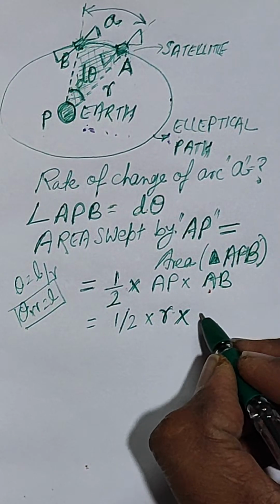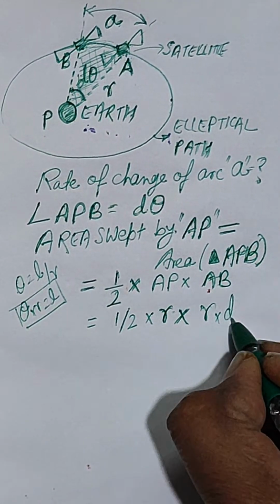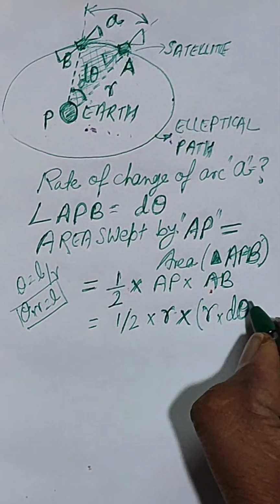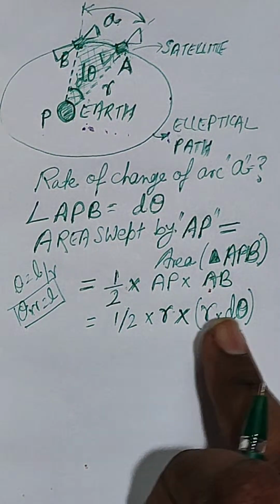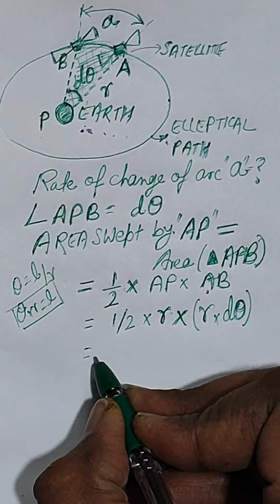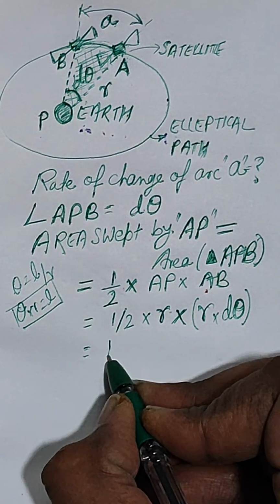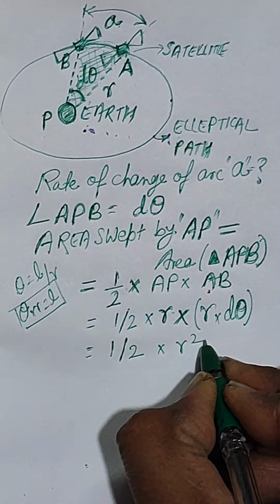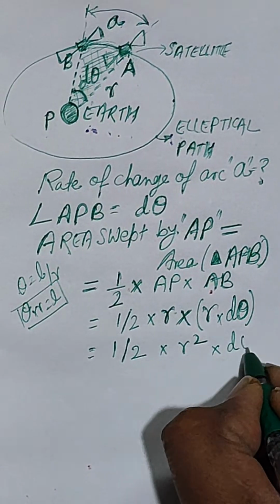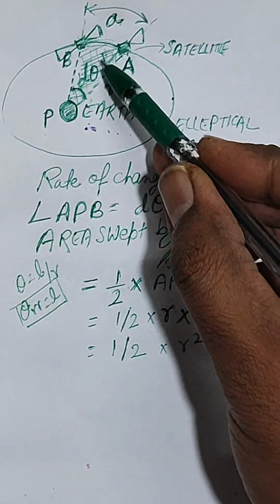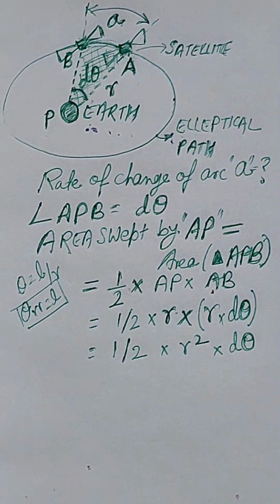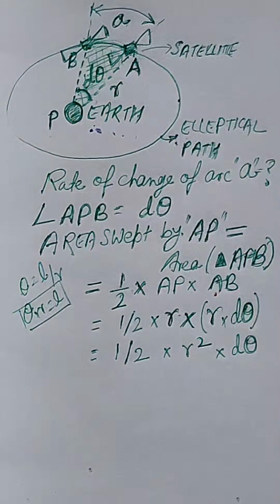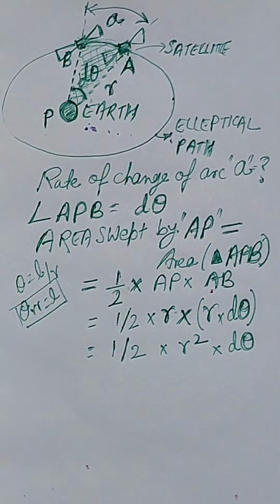This will be R into d theta, because theta is the angular deviation. So from here we can see that 1 by 2 into r square into d theta is the area swept. And it has been asked at what rate the area is swept.